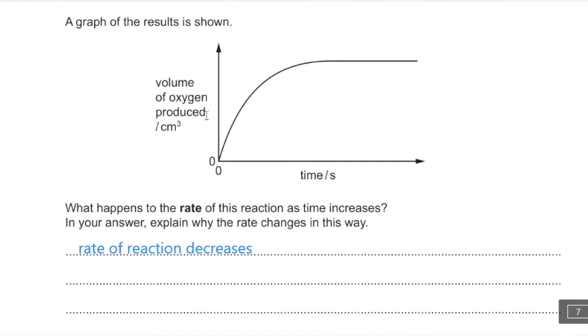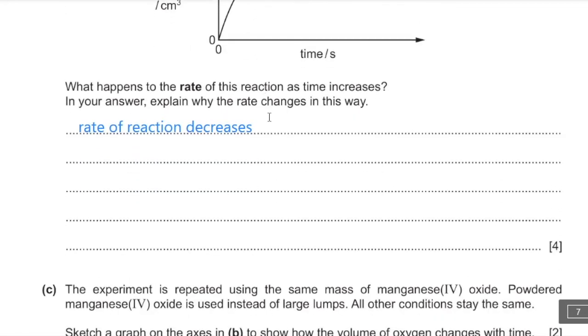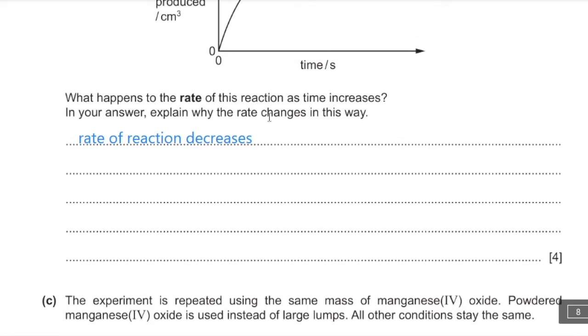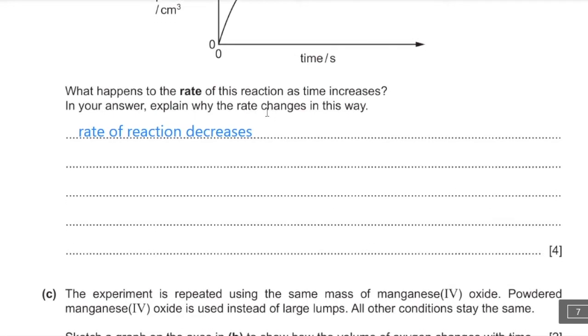Rate of reaction decreases because the gradient of the slope over here is decreasing, and that is exactly how we calculate rate of reaction. And in the answer, explain why the rate changes this way.